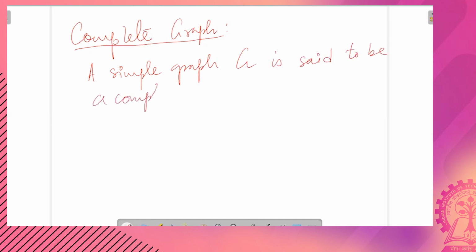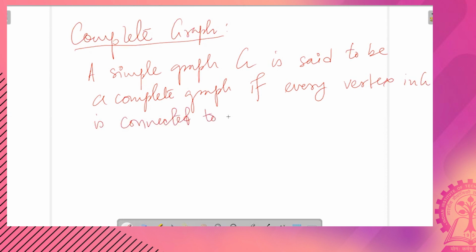A simple graph G is said to be a complete graph if every vertex in G is connected to every other vertex by an edge.